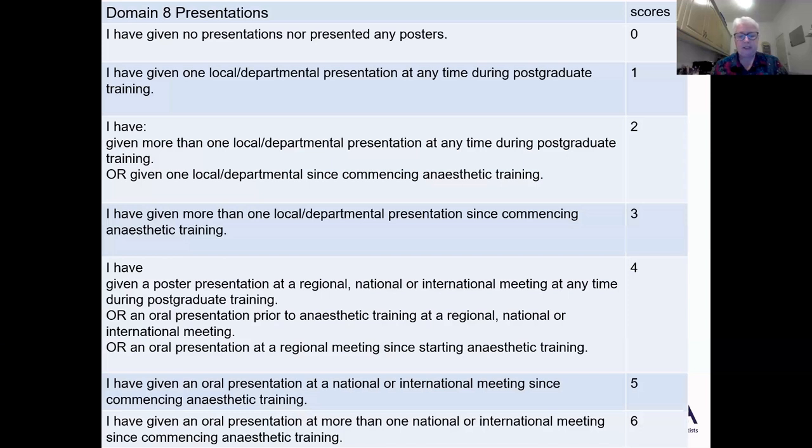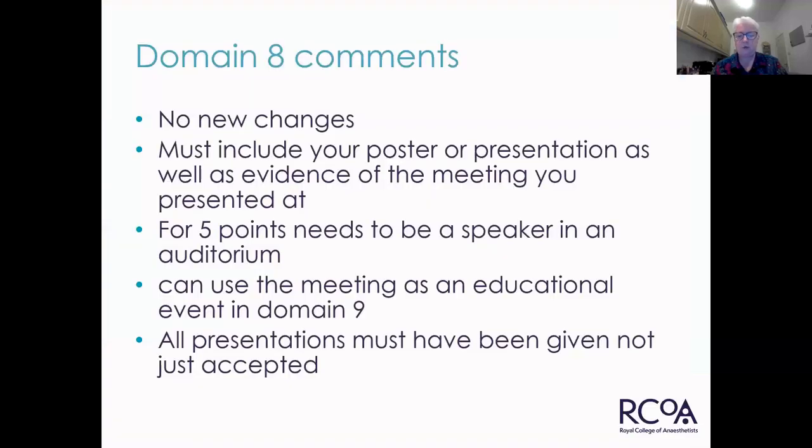Some conferences include posters being displayed where the assessors come around and you have to give a 5-minute presentation in front of your poster. We don't count that as an oral presentation, only a poster presentation. To count as an oral presentation, it has to be a presentation where you've stood up in an auditorium in front of an audience.